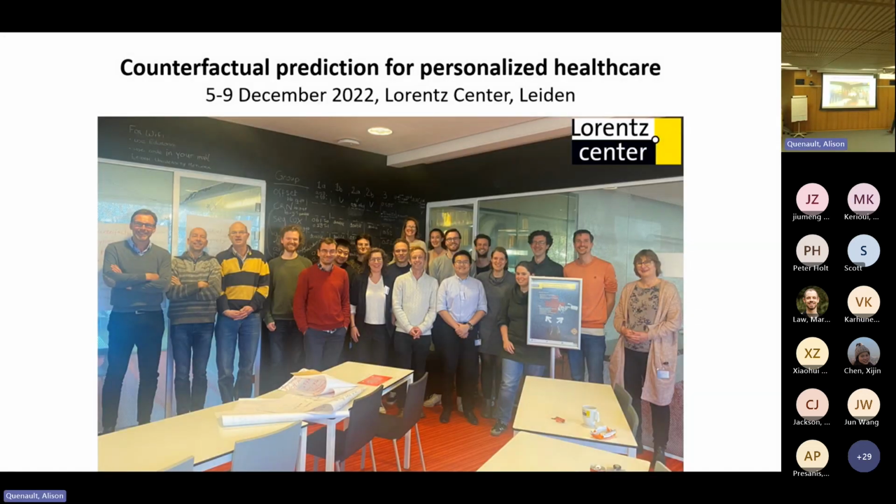We came together 18 months ago in Leiden at the Lorentz Center at a workshop that was organized by Nan van Geloven from University of Leiden, Ruth Keogh from London, and Daniela Weir from Utrecht, with a group of people who are all interested in this topic. The Lorentz Center is a center in Leiden that organizes these kinds of workshops.